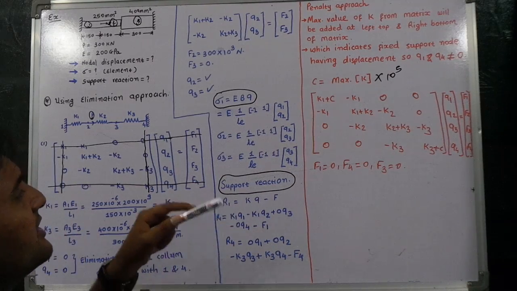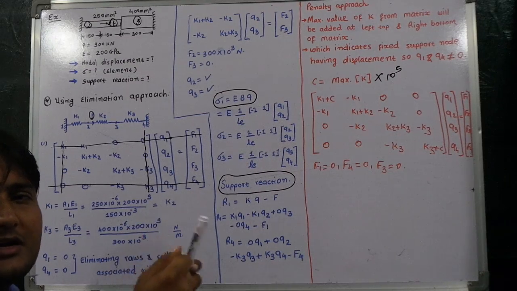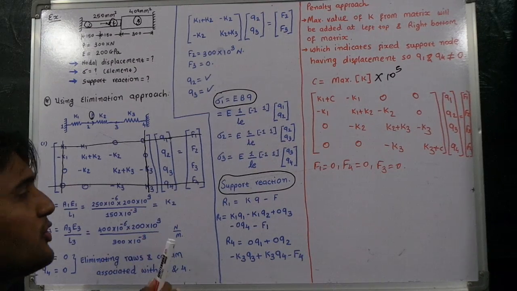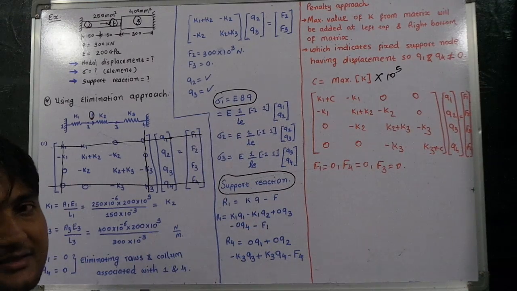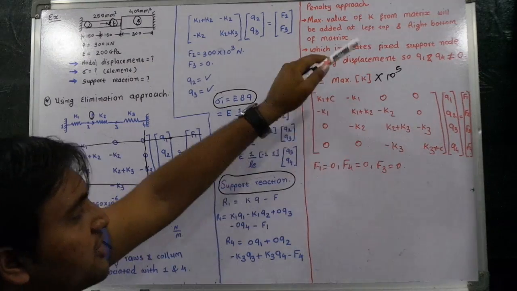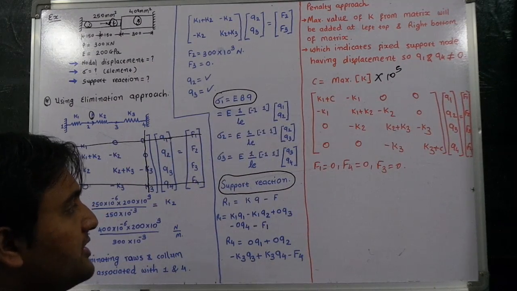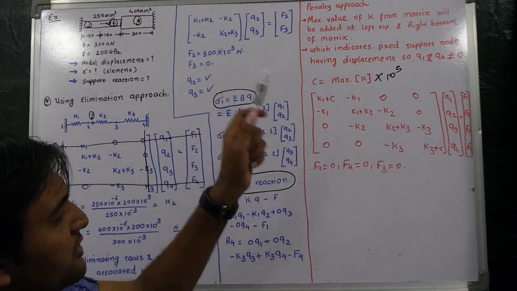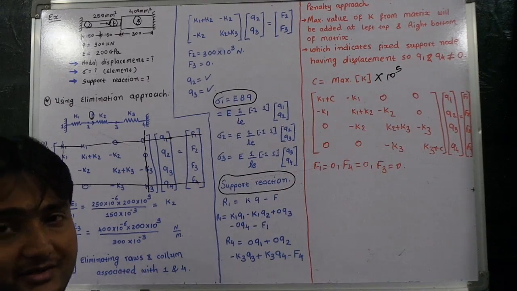What it indicates is that the fixed support also has some kind of deflection, and in order to find out that deflection, the penalty approach exists inside the theory. So now Q1 and Q4 are not equal to 0. Q1 and Q4 are part of the element displacements, and F1 is equal to 0, F4 is equal to 0, and F3 is equal to 0 as there is no load acting on it.